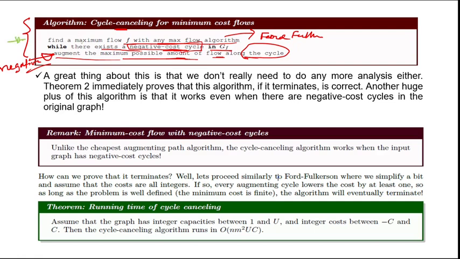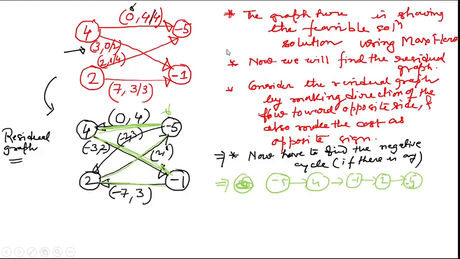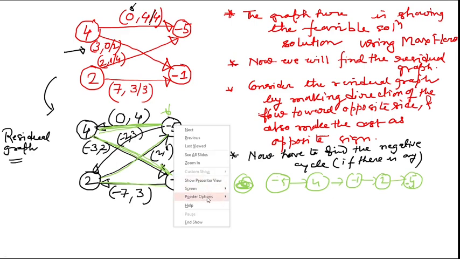It says find maximum flow, that is done. While there exists a negative cycle in GF, augment the maximum possible amount of flow along the cycle. Okay, augment the maximum possible amount of flow. Now same way we did in our earlier flow cuts.